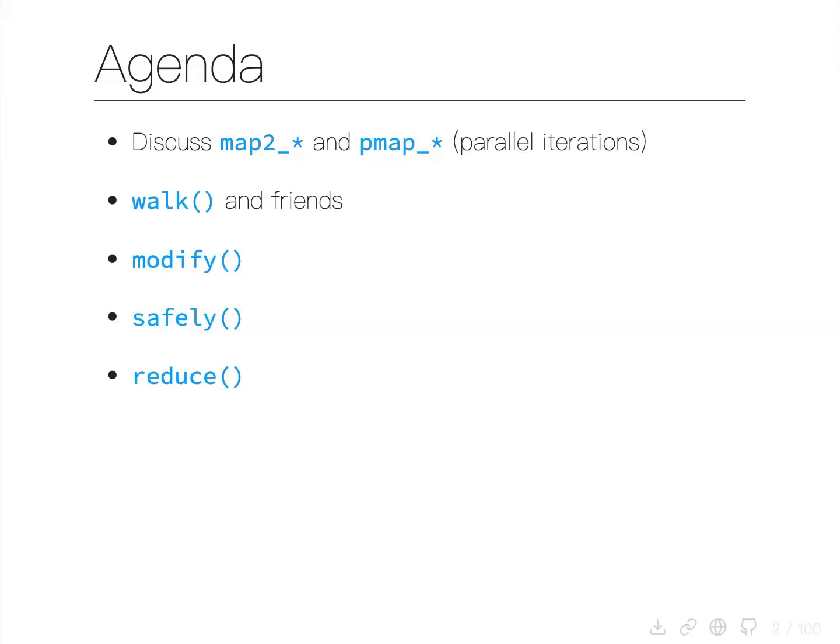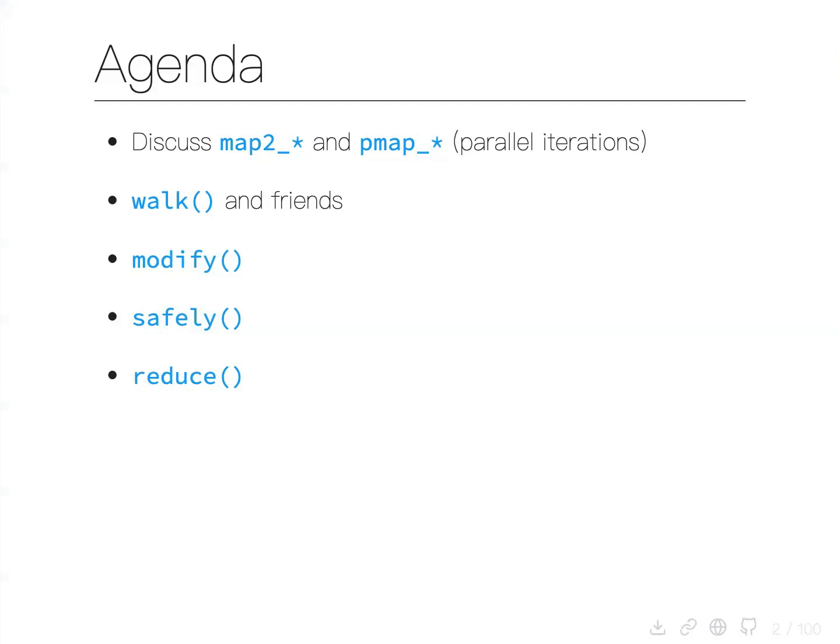Okay, so the agenda for today is we're going to discuss map2, which we actually saw already with ANOVA, and pmap. These are different ways through the map family of doing parallel iterations.